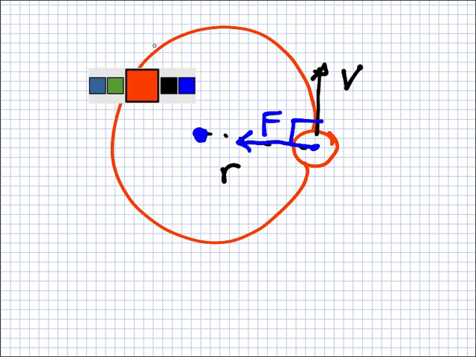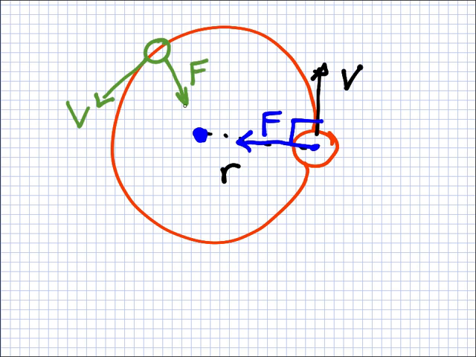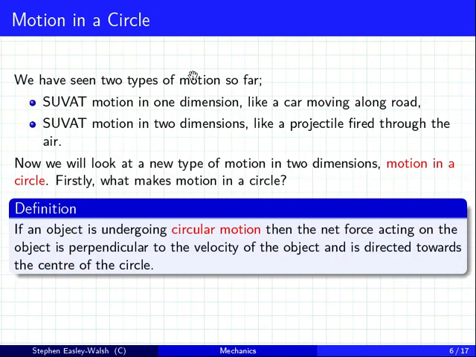So if I draw it here, I know the velocity is this way, and then the force is that way. This is the definition of circular motion, which they sometimes ask in the exam. So we need to write this down carefully. What's absolutely important here, the most important thing, is that the force is towards the centre of the circle.